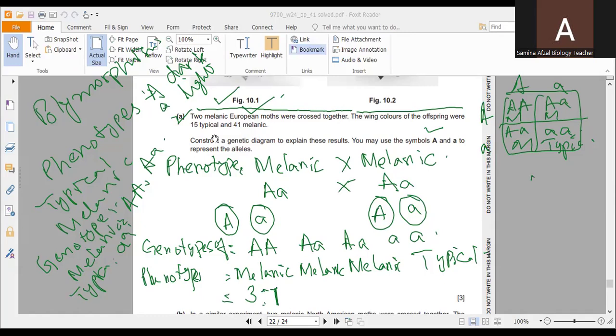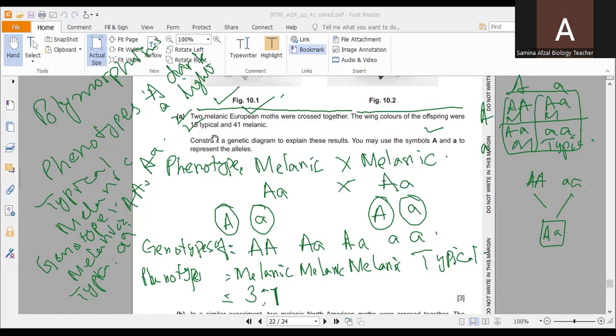If both parents were homozygous dominant, all the offspring would be capital A. But here they have told us that there were 15 typical, so we need to have 15.